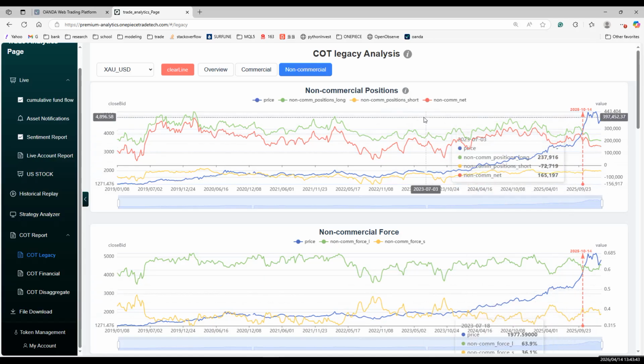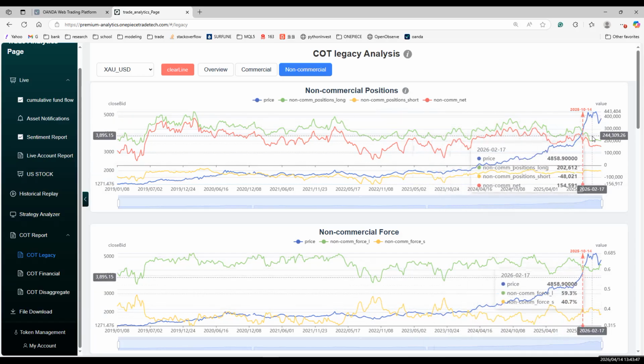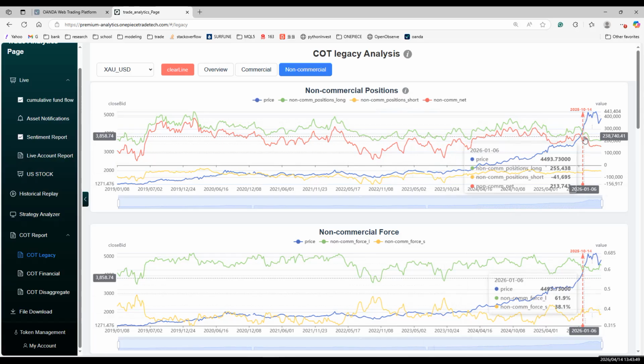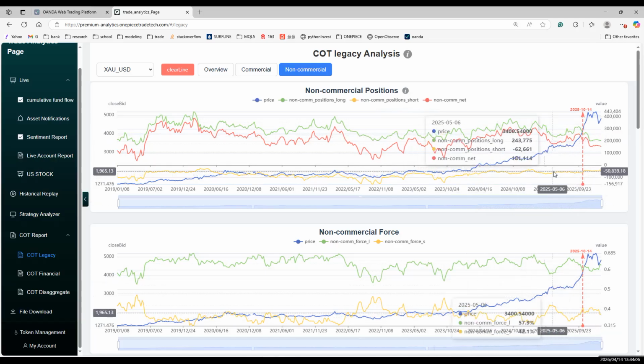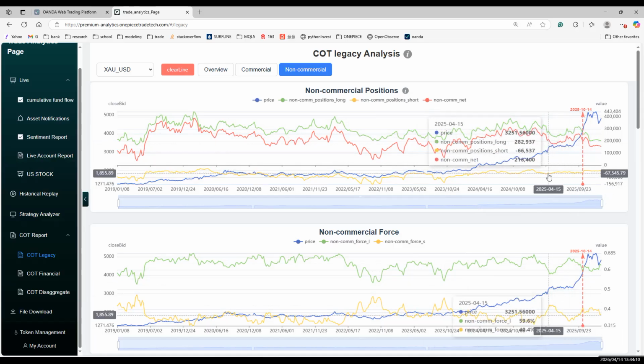I think the main takeaway from this chart is that as we enter 2026, the long interest, or the long exposure, by the non-commercial traders has been decreasing, while the short interest in gold remains stable or inactive.